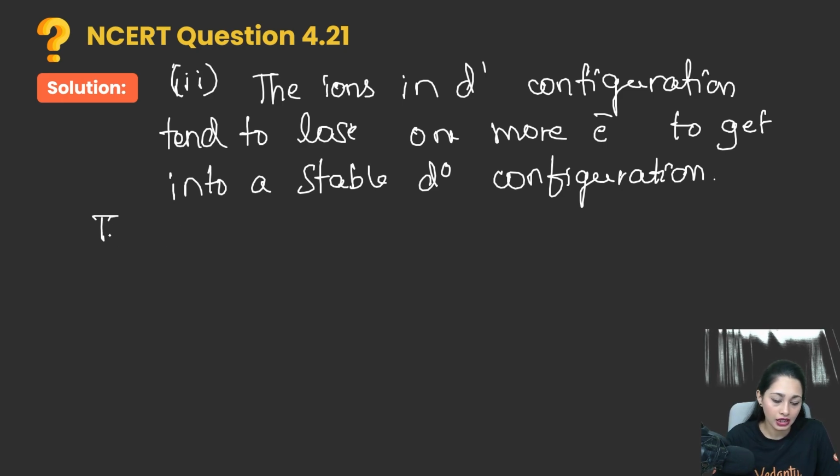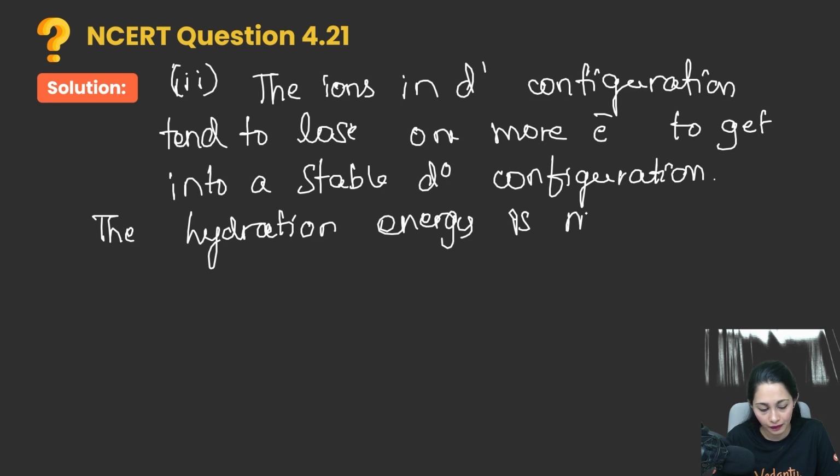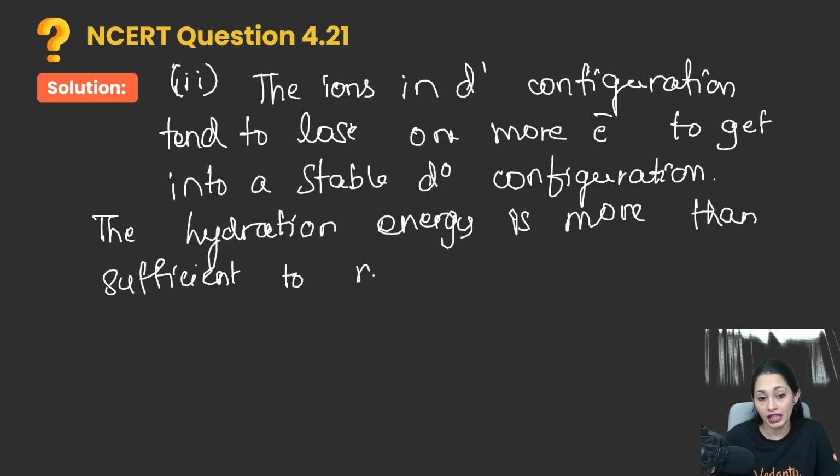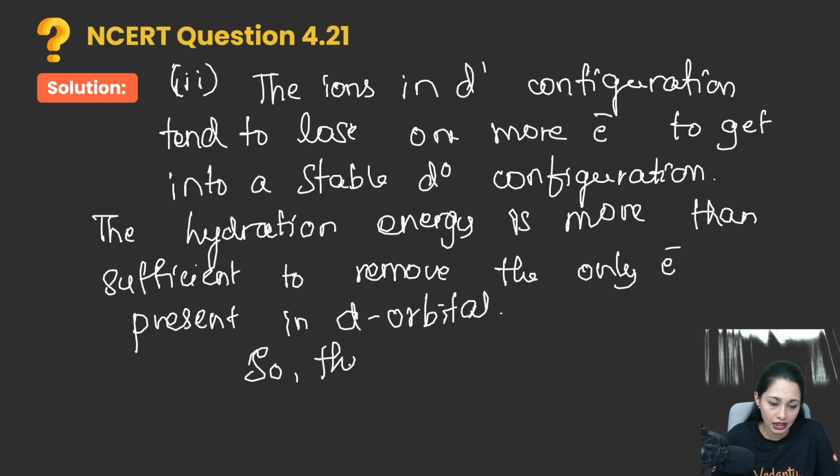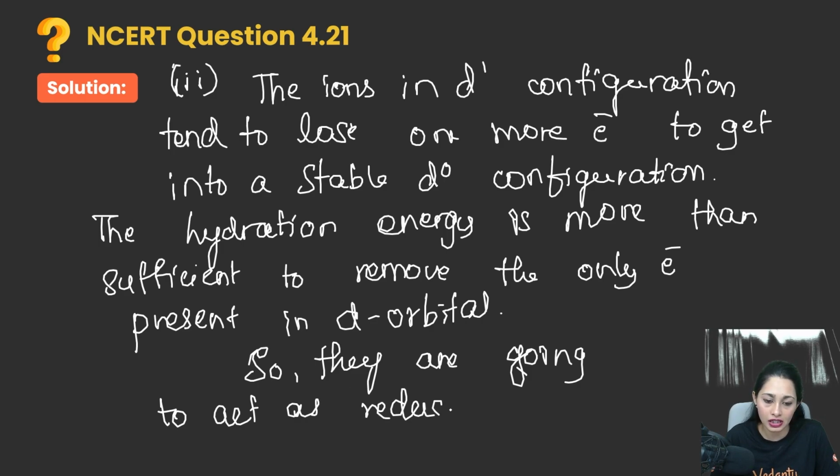The hydration energy is more than sufficient to remove the only electron present in the d orbital. So they are going to act as reducing agents.